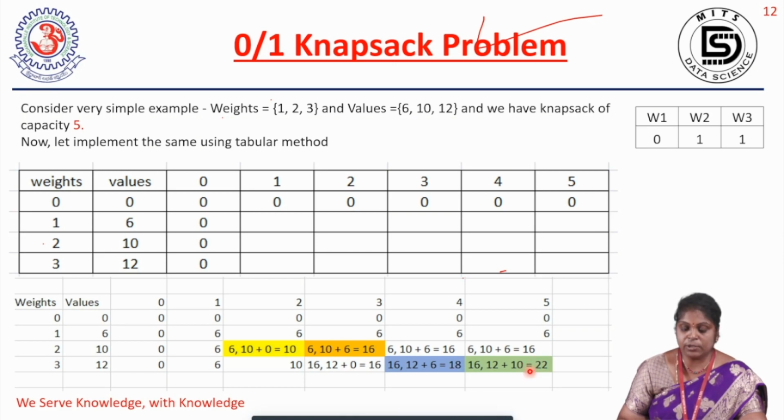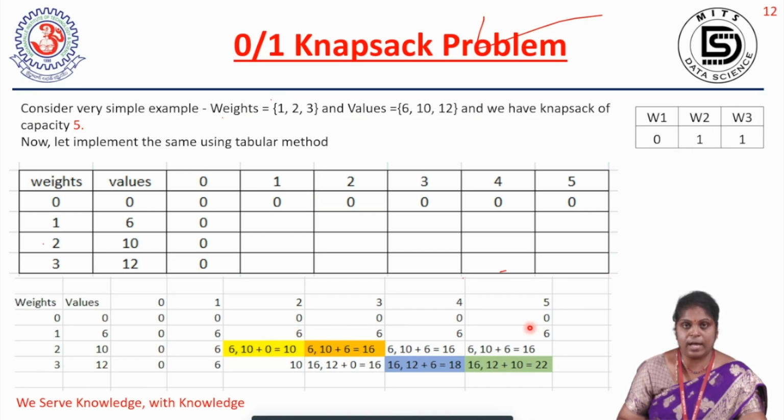How are we achieving this 22? It is the combination of item 2 and item 3. So item 2 is marked as 1 and item 3 is also marked as 1. But we are not considering item 1, so this one is marked as 0.